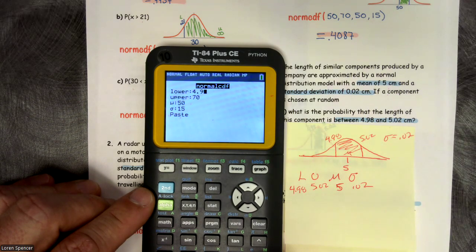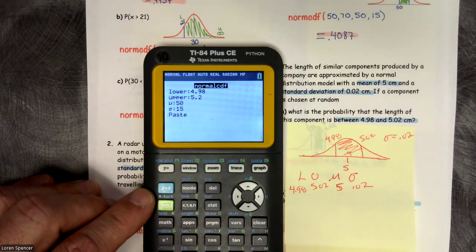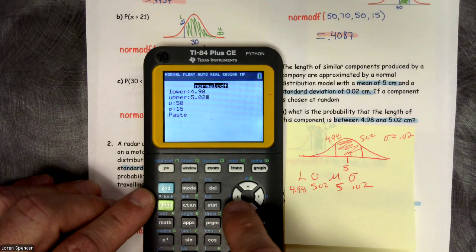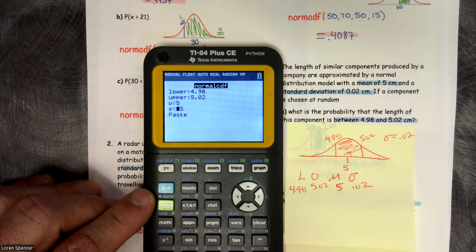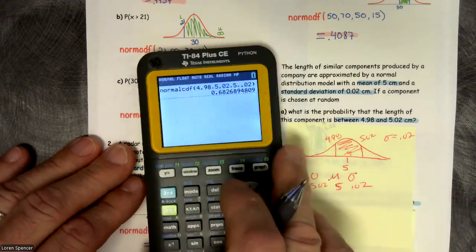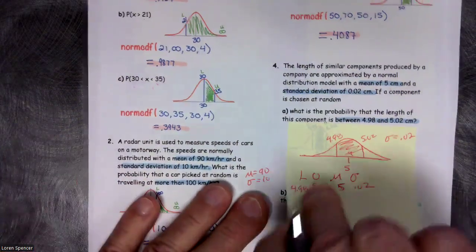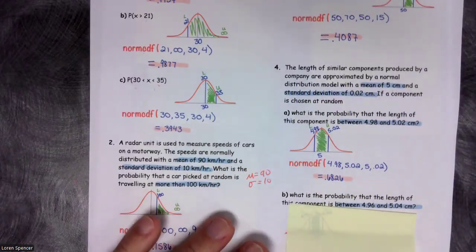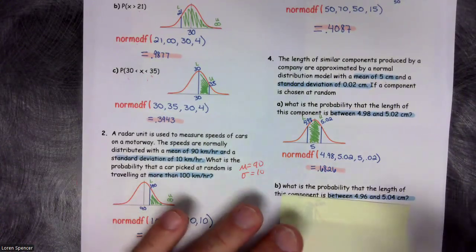Oh, that's 4.98. I see it on the picture. Upper part of my shading, 5.02, not 5.2, 5.02. My mean was 5 and my standard deviation was 0.02. And we get 0.6826 because it's plus or minus 1 standard deviation. There we go.